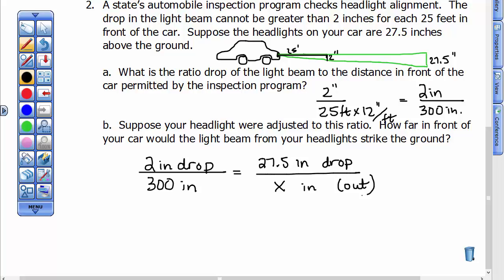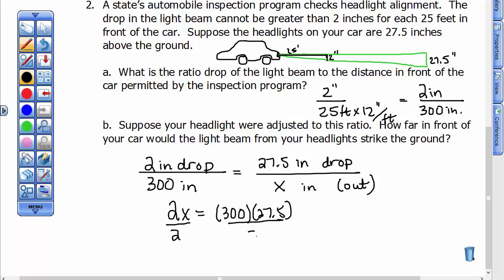And so there's my proportion. Again, drop over going out, and here's my drop over going out. When I set this product right here, 2 times x, equal to this product right here, 300 times 27.5, if you multiply 300 times 27.5, you probably get about 8,200 or something.